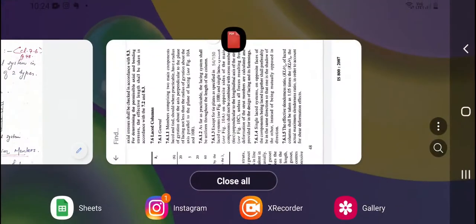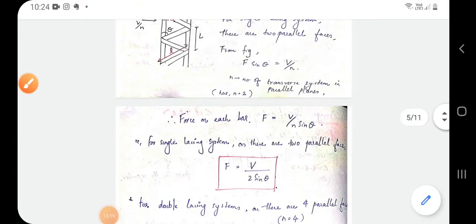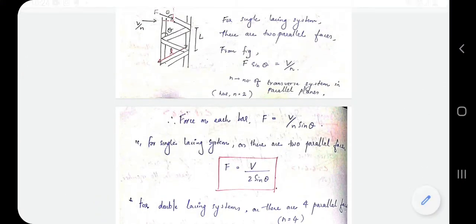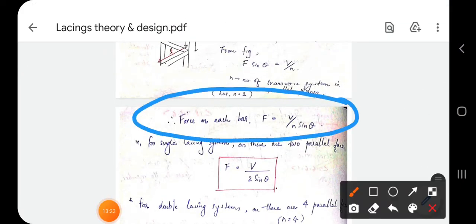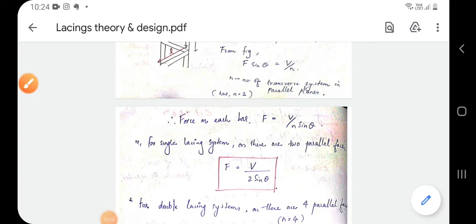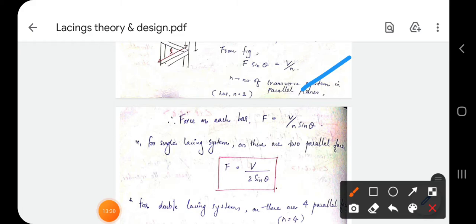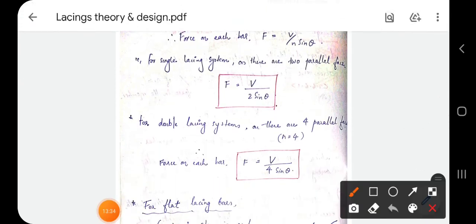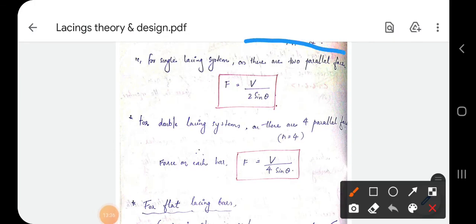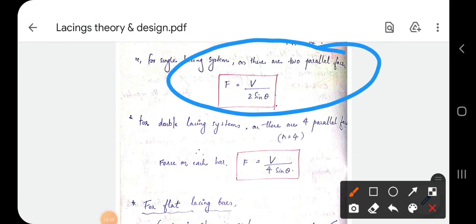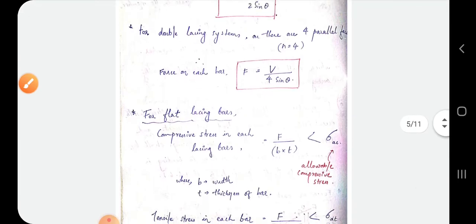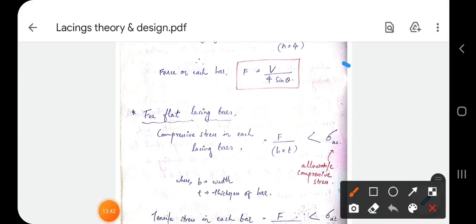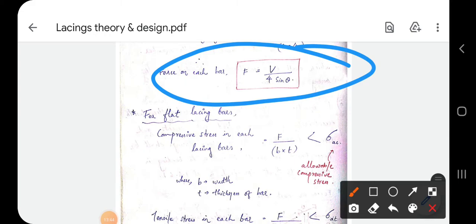Okay, so the force on each bar is F equal to V by N sin theta. By rearranging the equation, we get the force on each bar F. For a single lacing system, N is equal to 2, so the force on the lacing bar F is equal to V by 2 sin theta, and for a double lacing system, the force on each bar is equal to V by 4 sin theta.